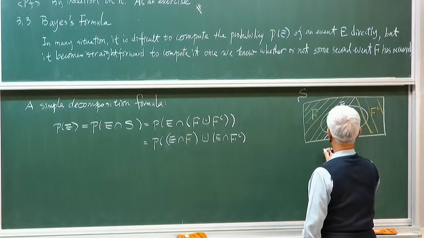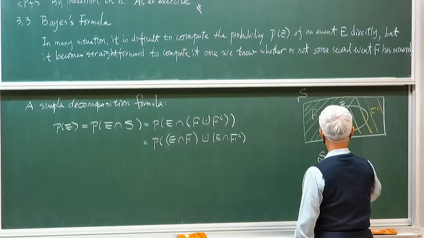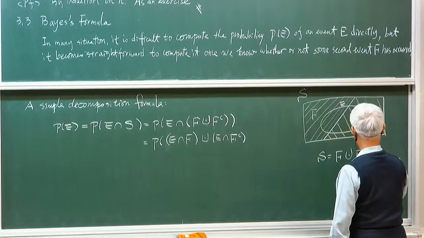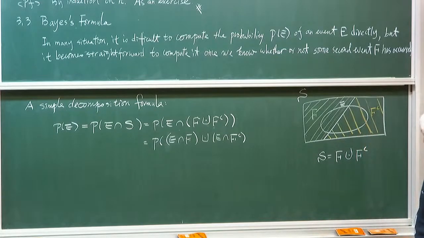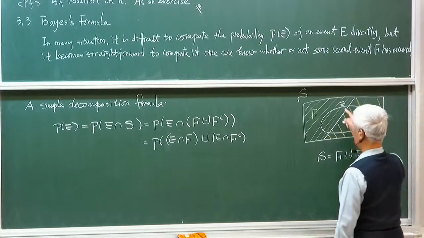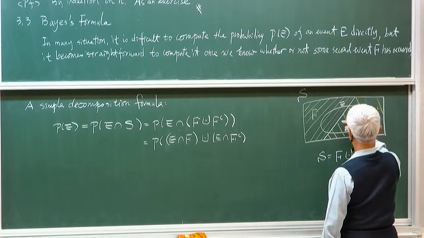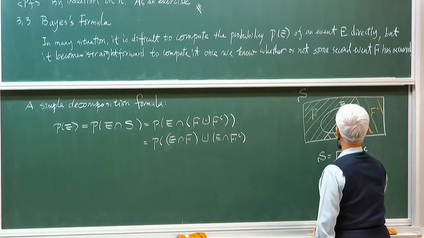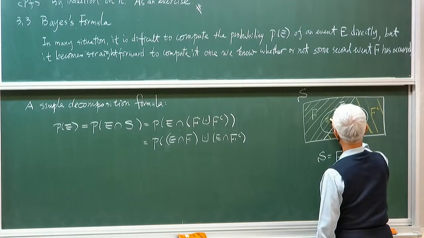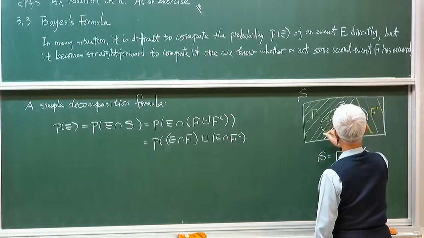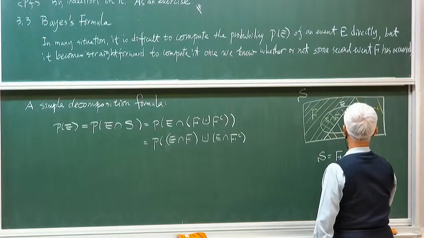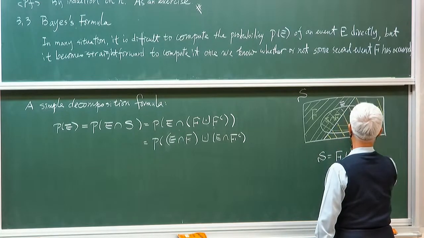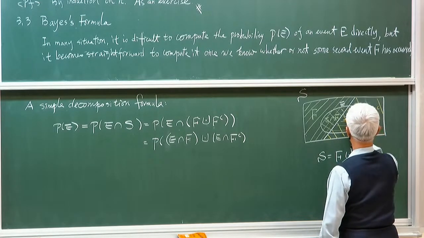So we know the total event is the event F disjoint union the complement of F. For the event E, this part is E intersect F, and this part is E intersect F complement.